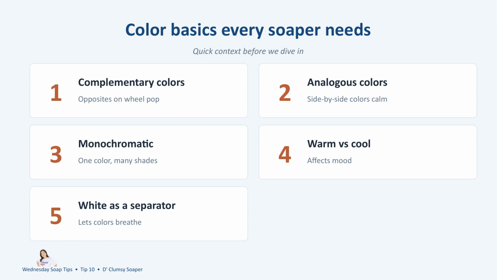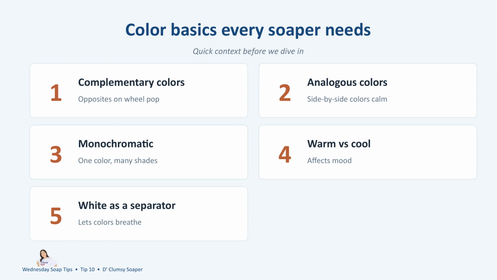Before we get into the hands-on color mixing, let us quickly ground ourselves in 5 foundational concepts that will shape every color decision you make at the soap bench. Complementary colors sit opposite each other on the color wheel and create bold, eye-catching contrast. Analogous colors sit side by side and give your soap that calm, harmonious feel.